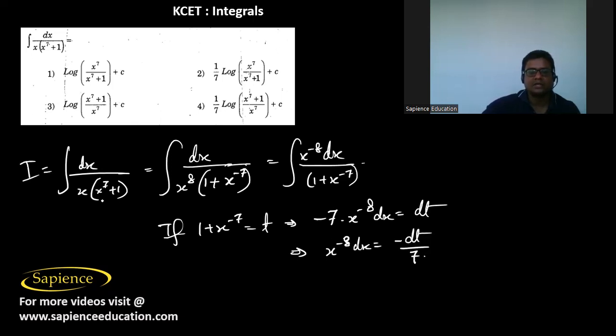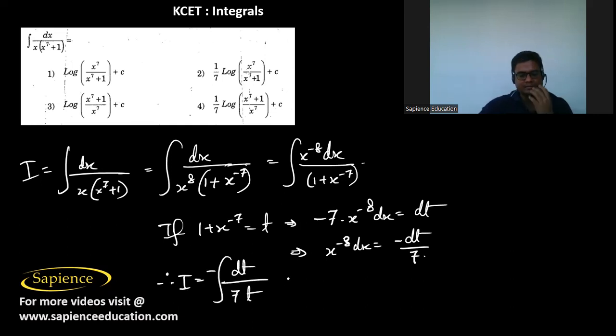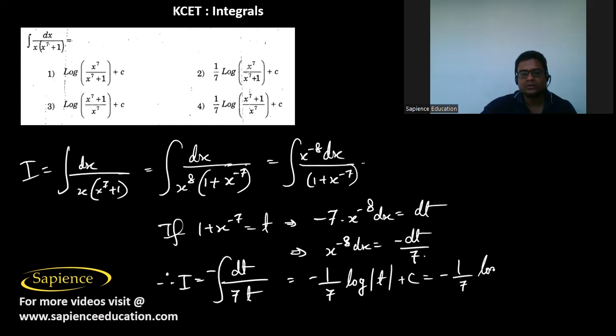So therefore this integral I can be written as integral minus dt by 7t. So this will be minus 1 by 7 log mod t plus c. So this will be minus 1 by 7 log mod 1 plus x power minus 7 plus c, or we can write it as 1 by 7 log of 1 by 1 plus x power minus 7, which is 1 plus 1 by x power 7.